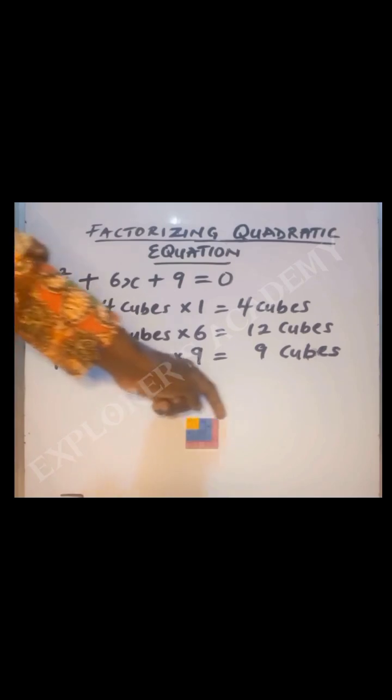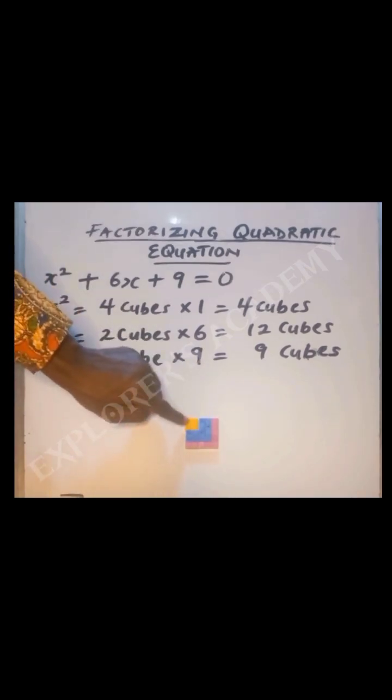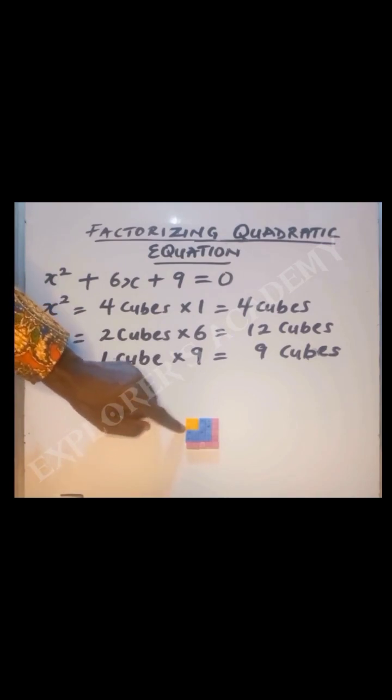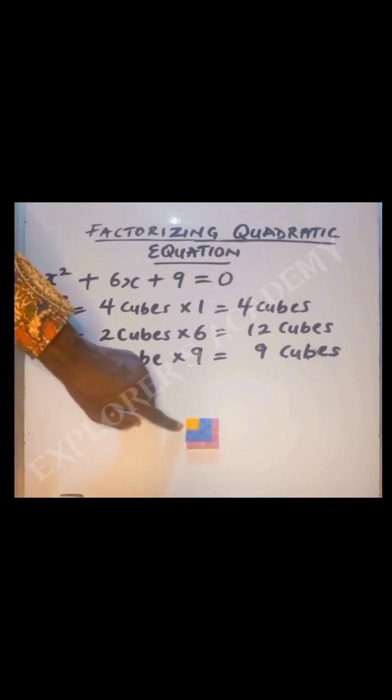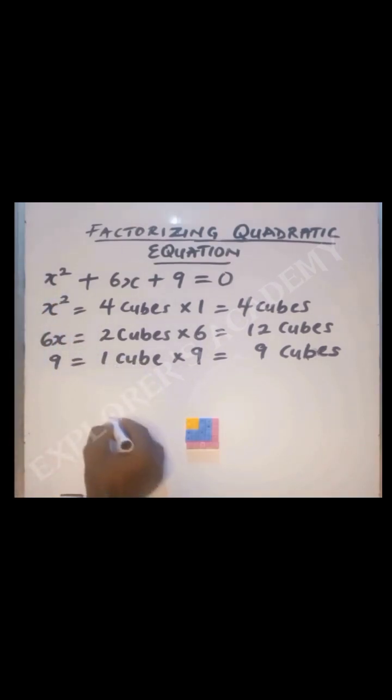So I can read from here. If I separate this, you can see it's intact. Then I will check how many intact cubes I have here. Very, very important: how many can I see from this angle?